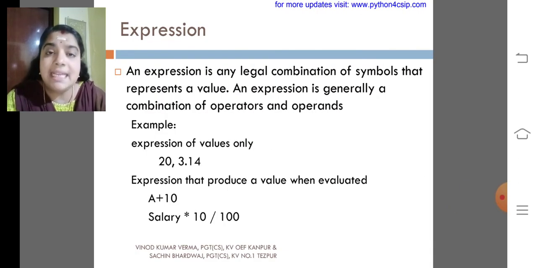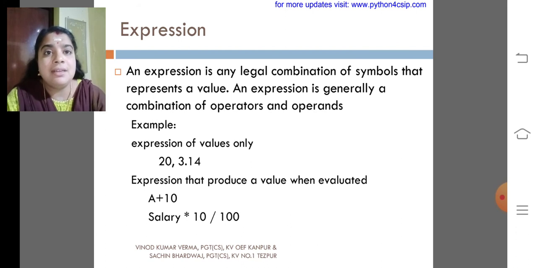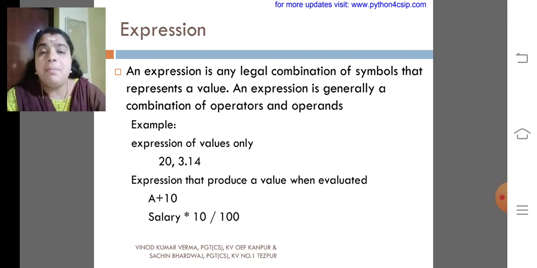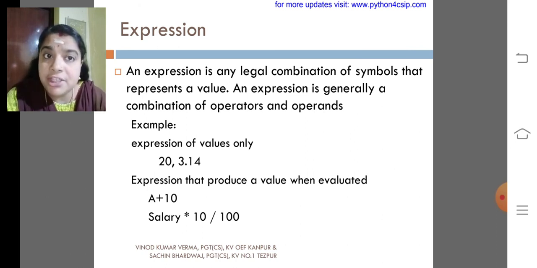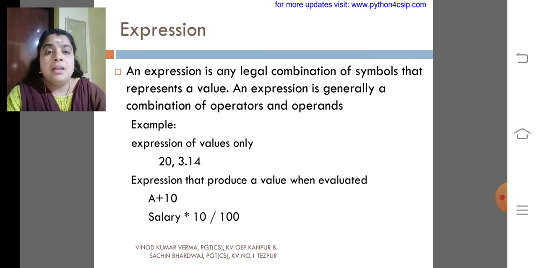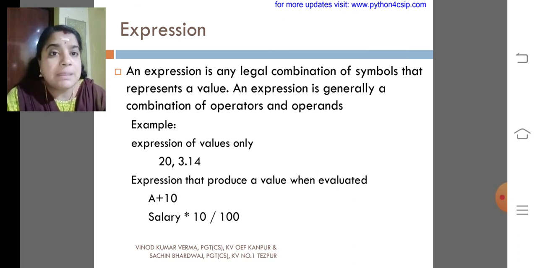The next one is an expression. What do you mean by an expression? An expression is any legal combination of symbols that represents a value. An expression is generally a combination of operators and operands. Look at the expression example given, A plus 10. Here the operands are what?